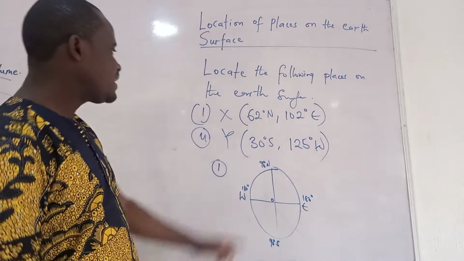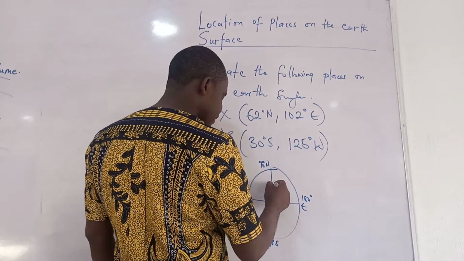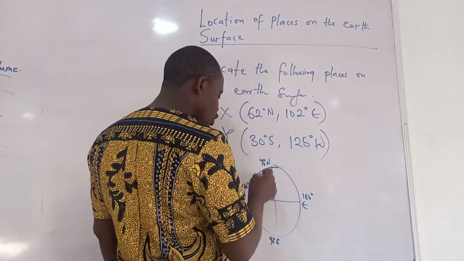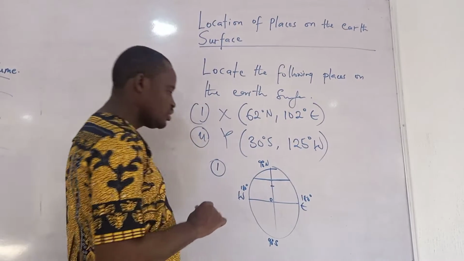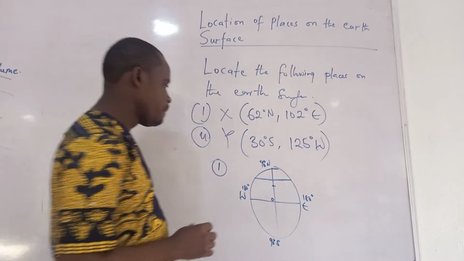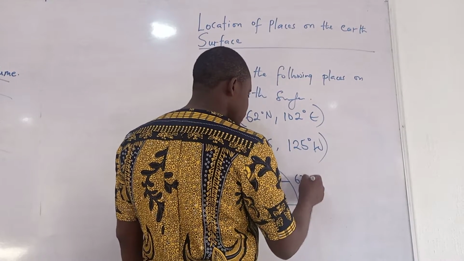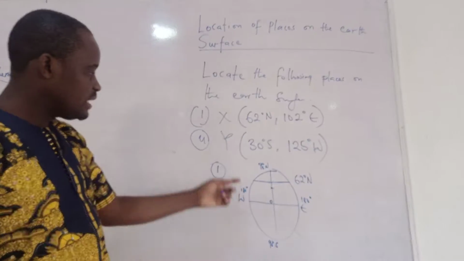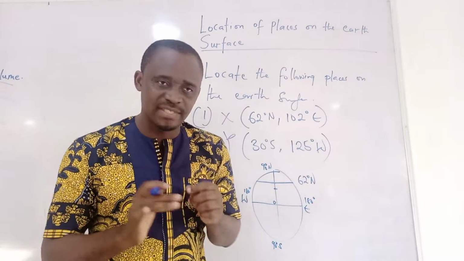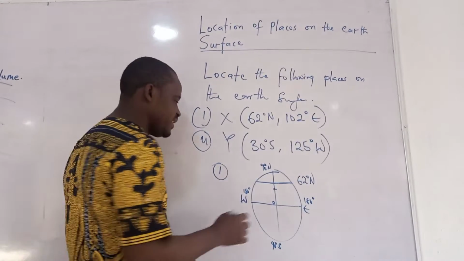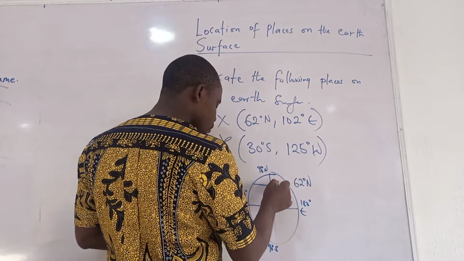If they are saying 62 degrees north, you agree with me that half of this is 45, so 62 should be around there. You trace this line to the circumference of the circle, then label it 62 degrees north. Now that I have 62 degrees north, life seems easy. Come here and locate 102 degrees east. I always tell my students to locate the midpoint of the line first, which is 90.